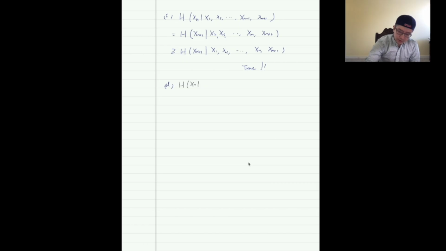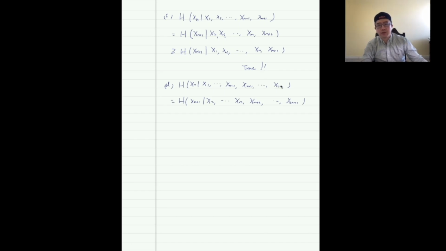H of xn given x(n) till x(n-1) and x(n+1) till x2n. Also, we need to add an n here and see what happens. x2 till x(n+2) till x(2n+1). Right, again, compared to here, we increase the n, so we miss an x1, so we can add this back.